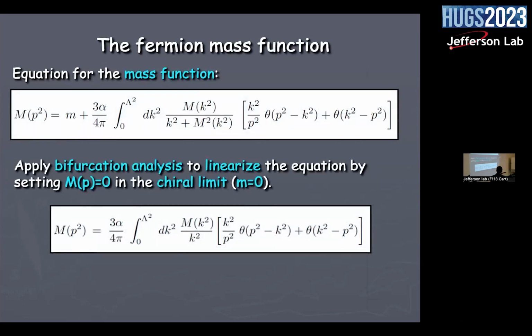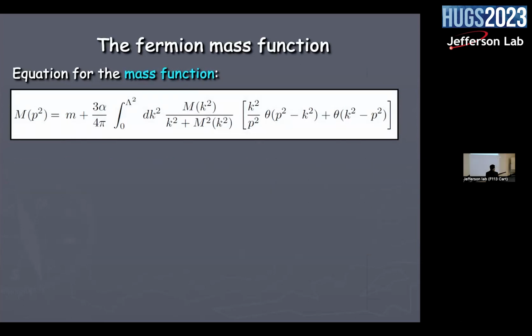But there is one thing which can be formally done. There is something called bifurcation analysis. I will come back to trying to tell you what it means officially. It's the following. What we are trying to look for is something.